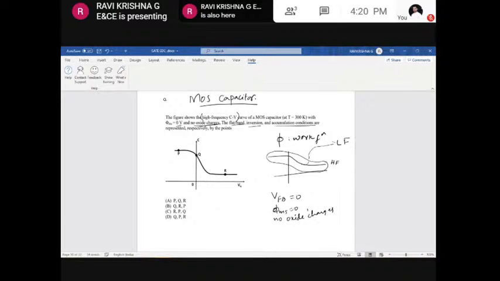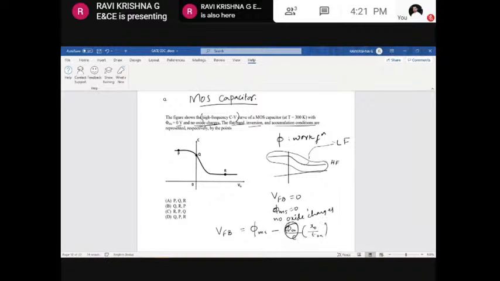So with this, you know that the flat band voltage is given as, and again, this is the quantitative analysis, we need to know this relationship. This is related to the work function difference between the metal and semiconductor minus the oxide charges divided by the oxide capacitance.